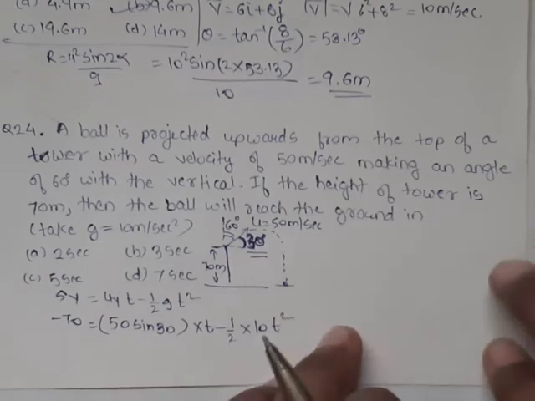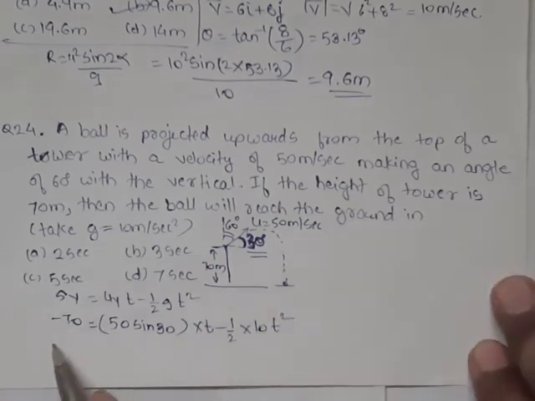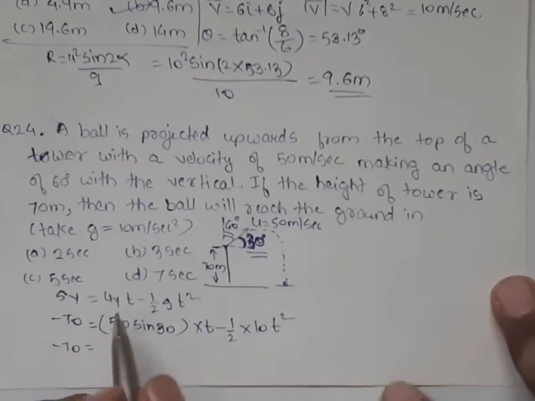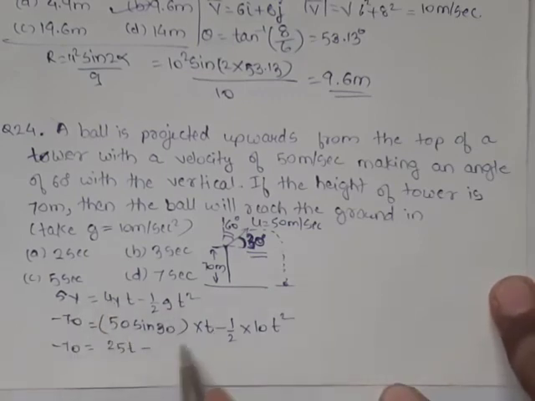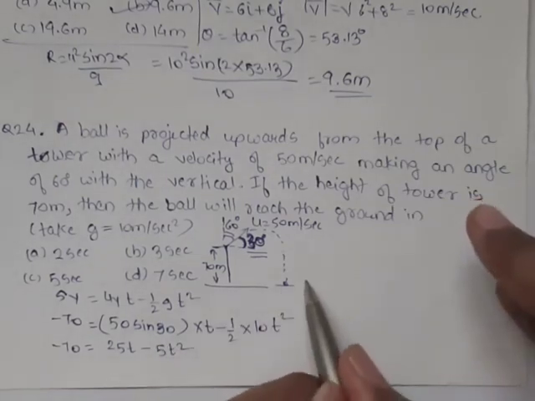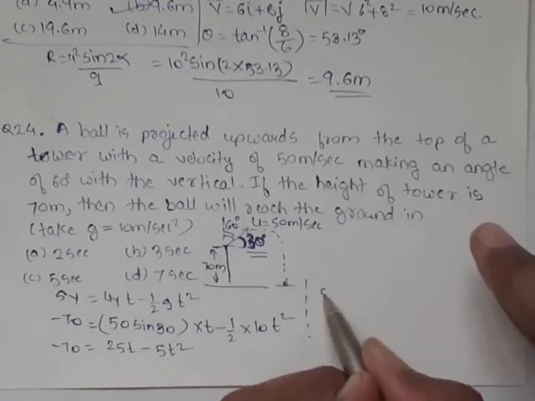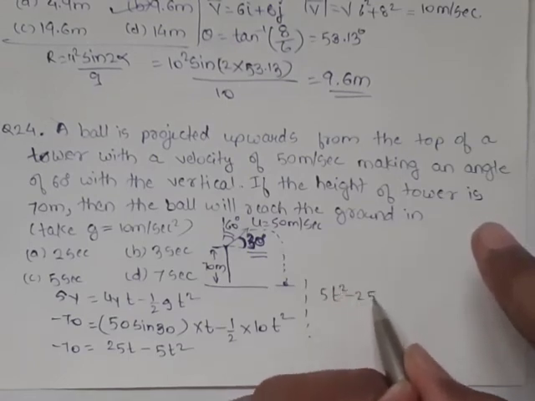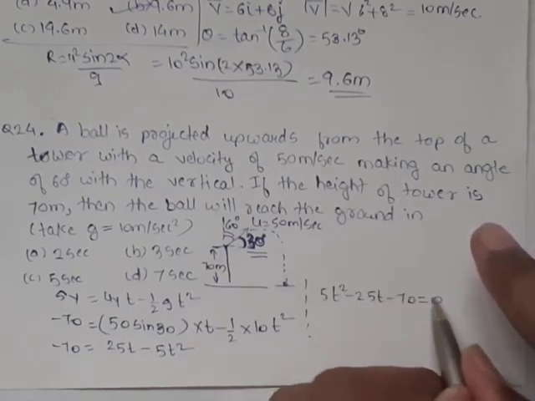So rearranging it, it becomes minus 70 equals 25t minus 5t square. Further rearranging, it will become 5t square minus 25t minus 70 equal to 0.